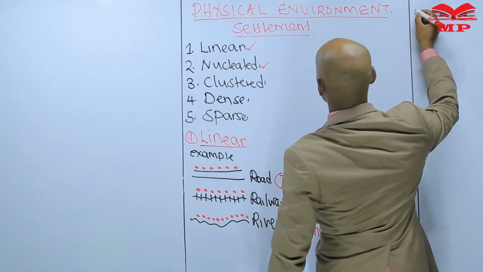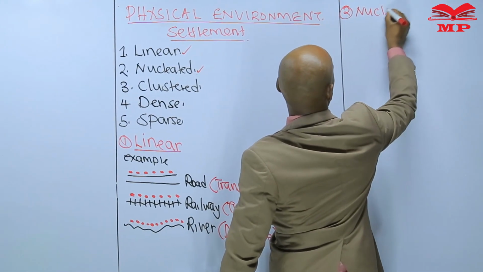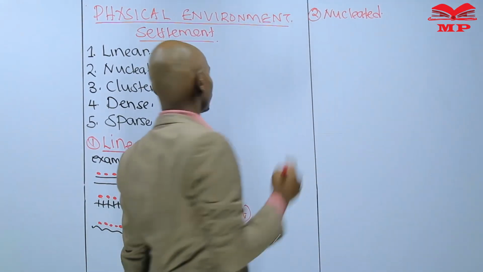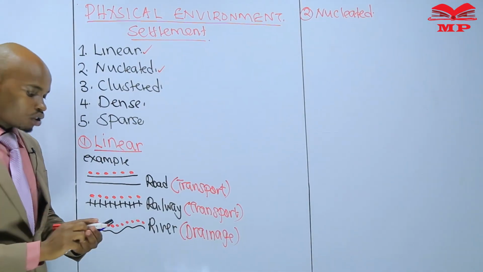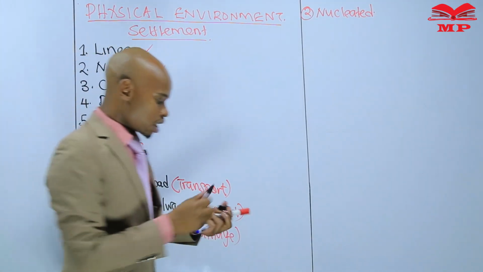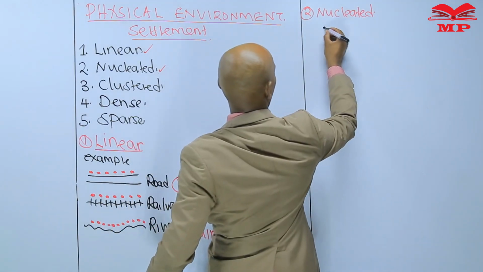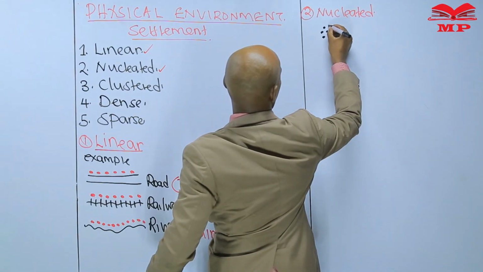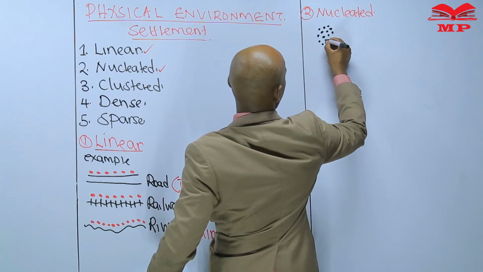Let's go to number two, nucleated settlement pattern. How does it look? Nucleated is very simple. This is how it looks. People in that area are assuming a village-like pattern.